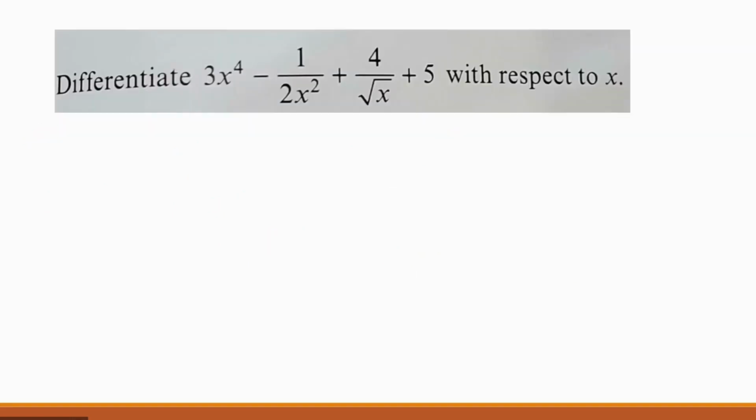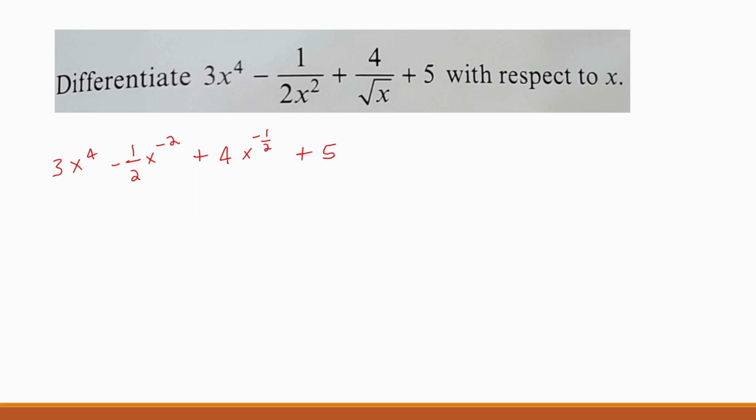Now here we have another beautiful question. First of all, let me just bring all the x up like this: 3x to the power of 4 minus 1 over 2 x to the power of minus 2 plus 4 x raised to the power of minus 1 over 2 plus 5. This is how you're going to rewrite any question that has x as a denominator.